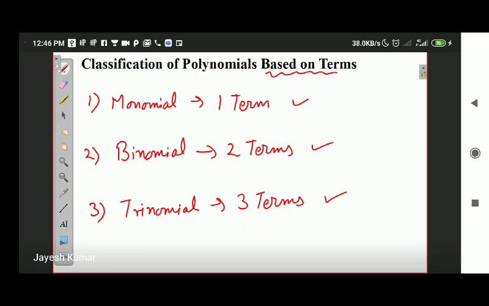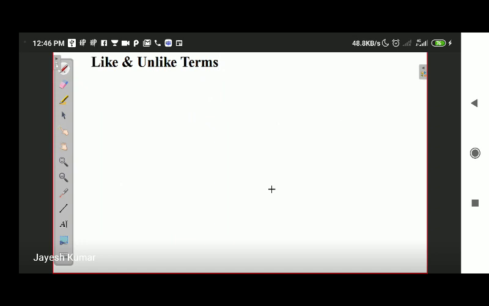Okay, based on this you have like and unlike terms. What are like and unlike terms? Like I gave you an example earlier, 4x square minus 6x square minus 4x plus 6x. In this example 4x square and 6x square are both like terms.